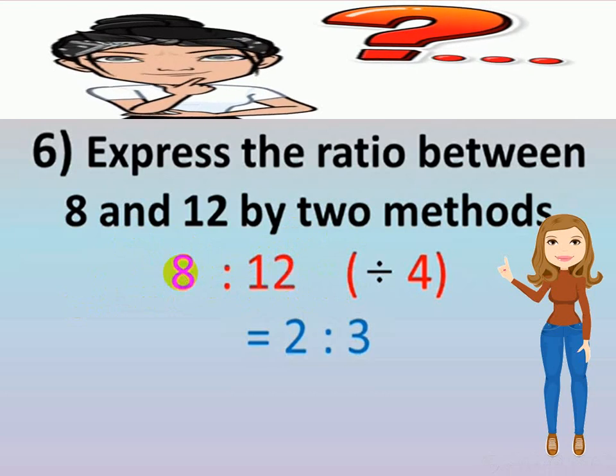And they are also divisible by 4. So we write divided by 4. 8 divided by 4 equals 2. 12 divided by 4 equals 3. 2 and 3 are in the simplest form, so the result will be 2 to 3.